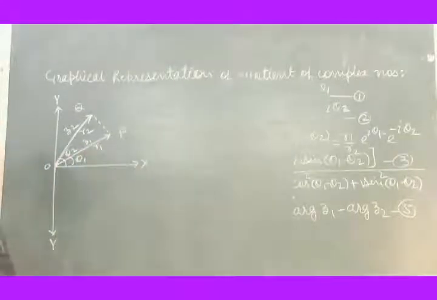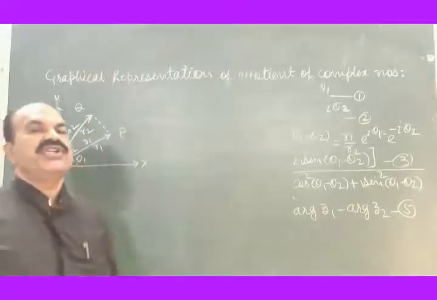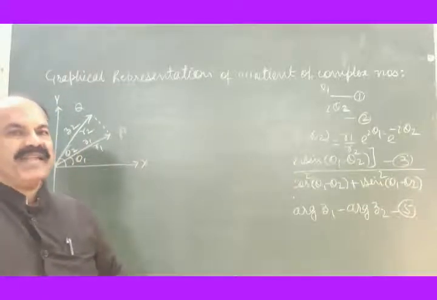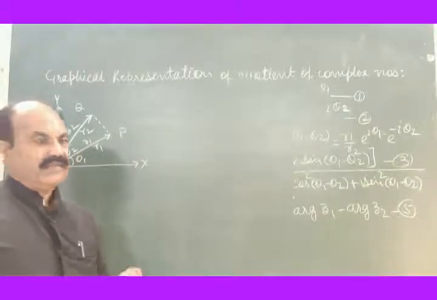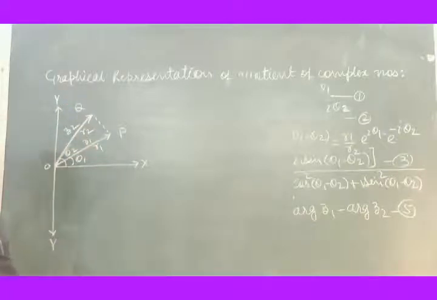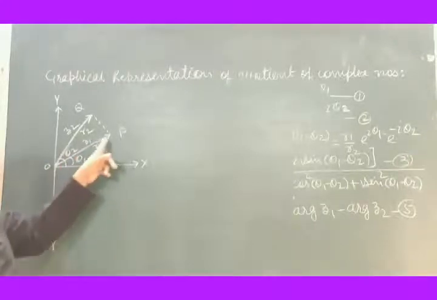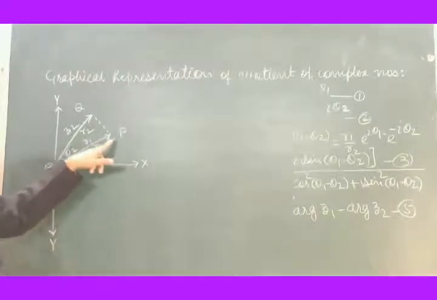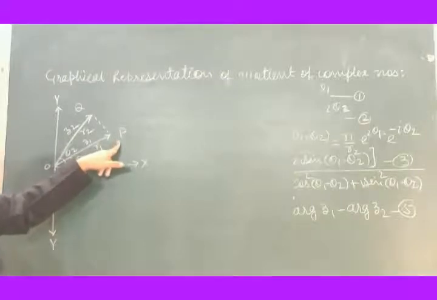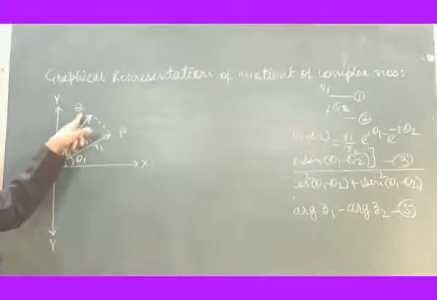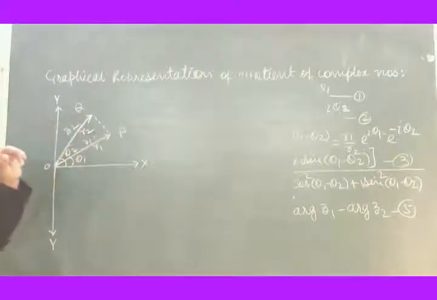Graphical representation. We want to represent the quotient or division of two complex numbers on the Argand plane or the complex plane. So I have considered here the xy plane. In the xy plane I have two complex numbers, z1 representing vector OP, point P, and z2 representing vector OQ, point Q.